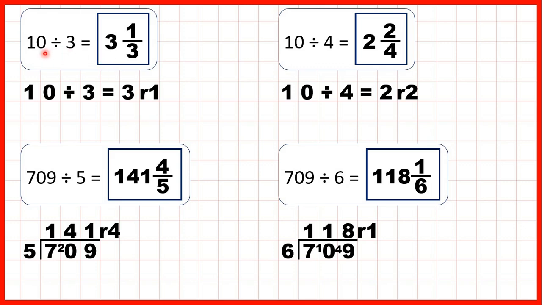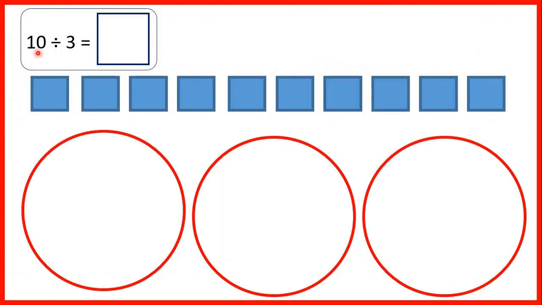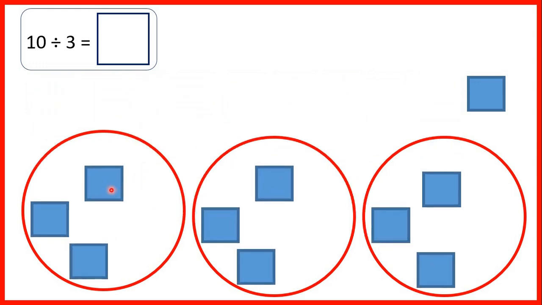Now let's think back to this first question. We had 10 divided by 3. So we can think of this as sharing 10 blocks between 3 circles. We know that we can share out 9 of those blocks, but then we have 1 remainder. So 10 divided by 3 is 3 because we have 3 blocks in each of our circles, remainder 1 because there's 1 block that we haven't been able to share out.